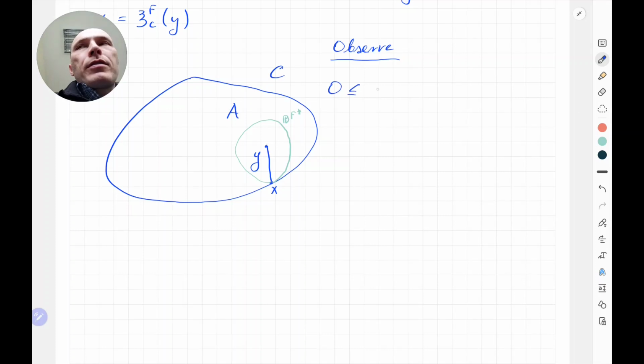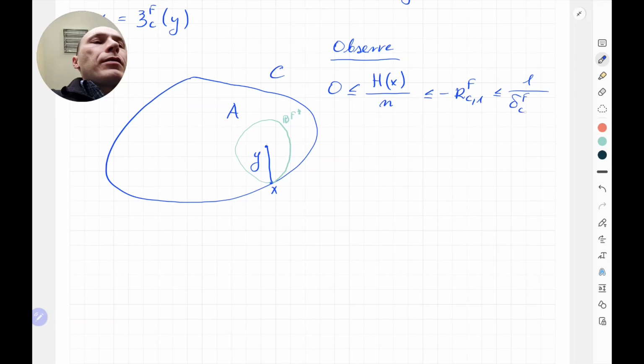The mean curvature H of X over n is at most minus kappa F C1, which is at most 1 over the distance F distance C of Y. Well, we take the first principal curvature of C, which is outside, and with the minus sign, it is the biggest principal curvature of A, actually.